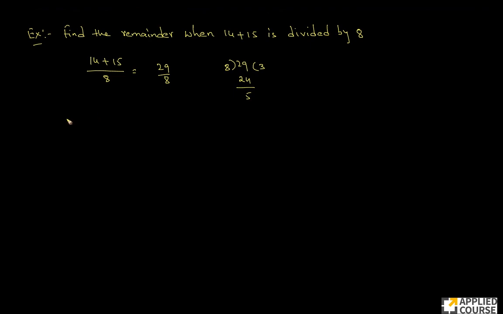Now by applying the remainder theorem, we need to see the individual remainders. What is the remainder when 14 is divided by 8? It is 6, plus 7 by 8, so 13 by 8. So the remainder you get is 5. Clear? Is the concept clear?